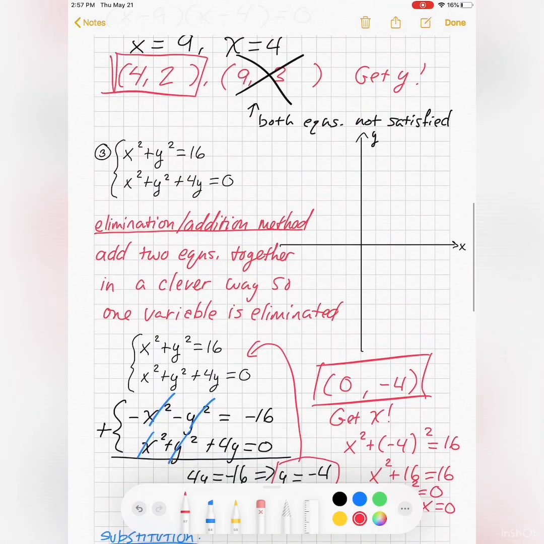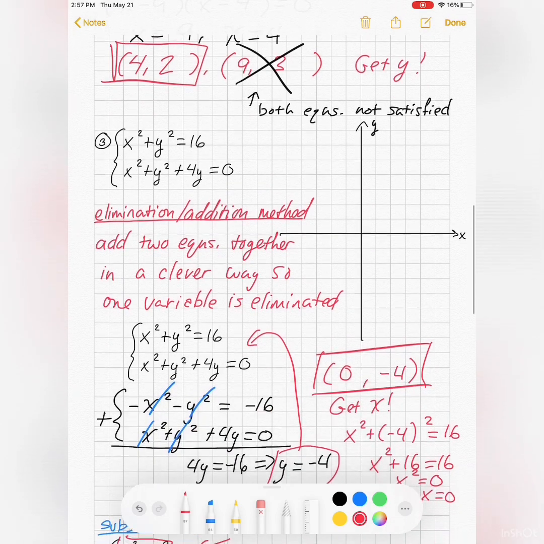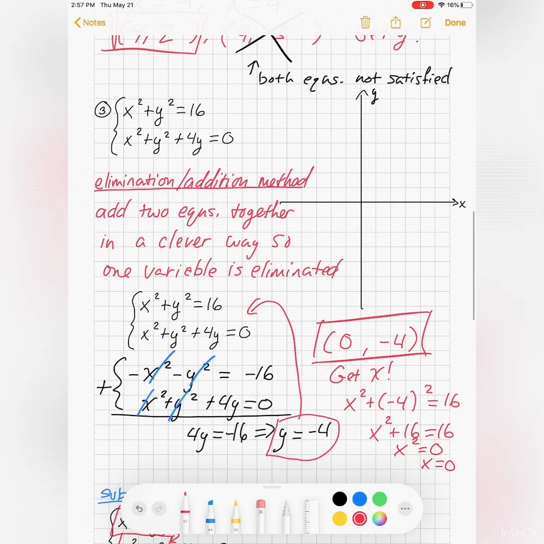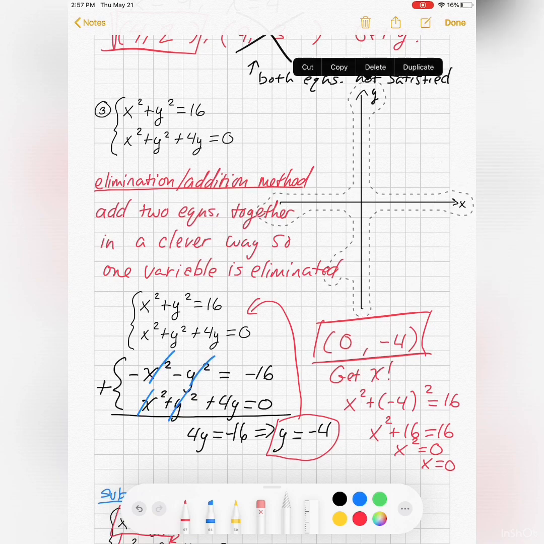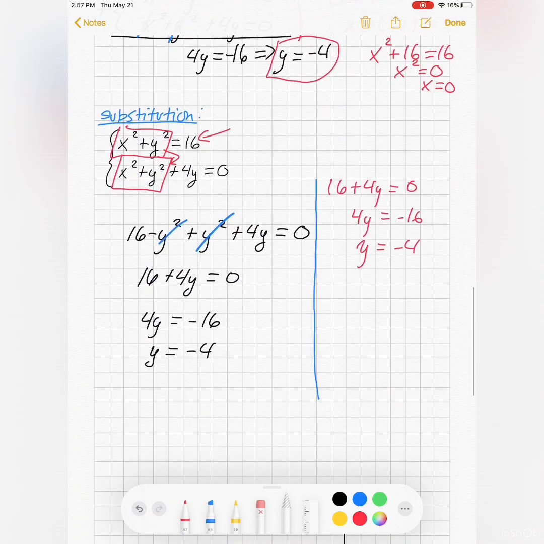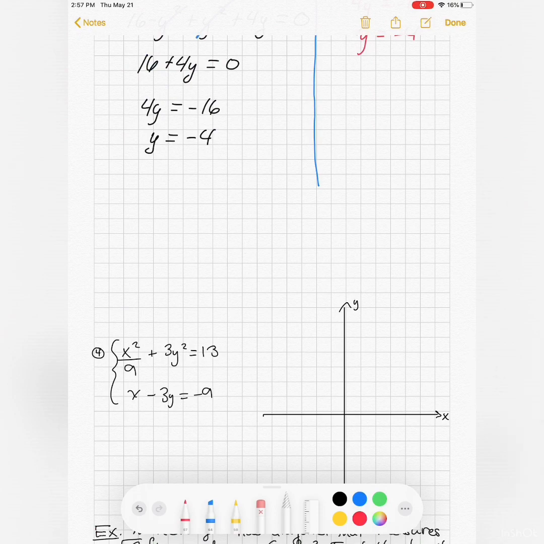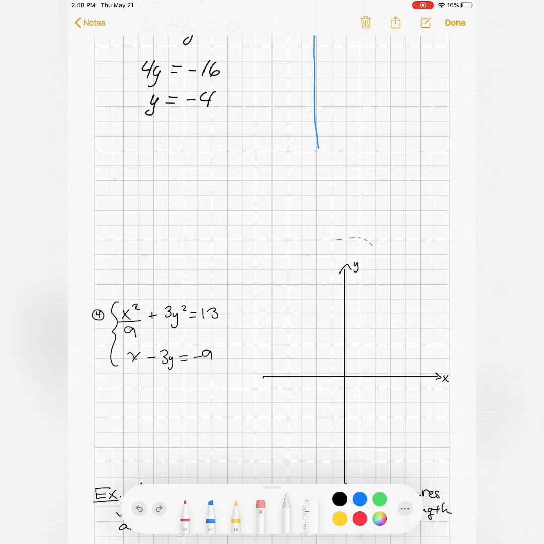Okay, so we have our solution. What we haven't looked at is actually doing the graphing part. Let me move this. See if I can do that. Okay, that'll work. Actually, let's do this instead. This will be easier. Let's use this one.